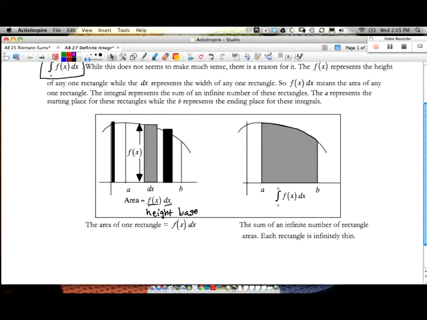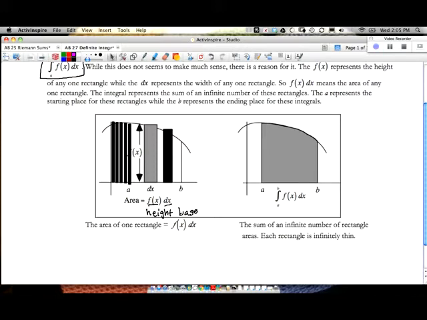And then we make a whole bunch of these. So I'm going to duplicate, duplicate, duplicate. So now we have a bunch of skinny boxes, and what we're going to do with those skinny boxes is fit them inside the curve, and then add up all those little skinny boxes.